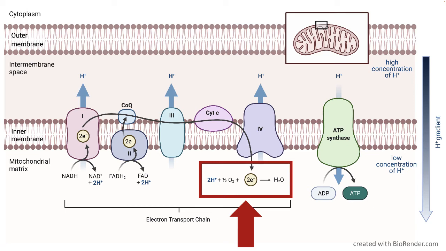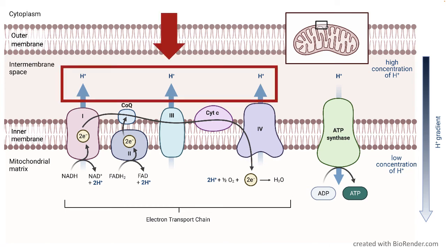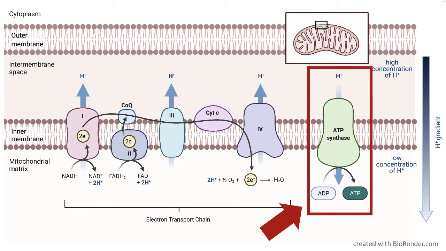Some of the energy released by electron transfer in the electron transport chain is used to pump hydrogen ions against their gradient from the mitochondrial matrix to the intermembrane space. This creates our nice hydrogen ion gradient, and these hydrogen ions can then diffuse down their gradient through ATP synthase, which releases the energy necessary to build ATP from ADP and an inorganic phosphate.